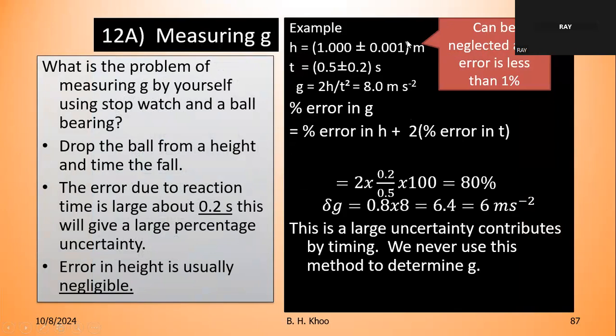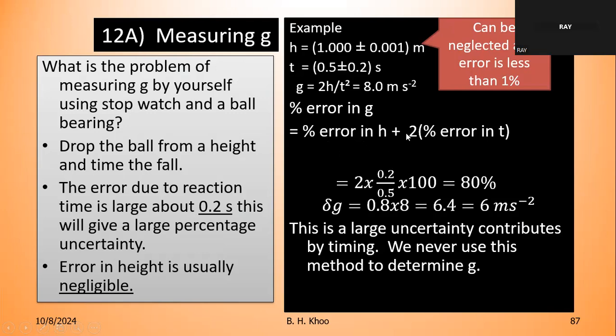Usually we won't bother about this one because it's too small, less than 1%. That's the formula that we derived just now. Percentage error in g equals percentage error in h plus 2 times percentage error in t. Put in your values.